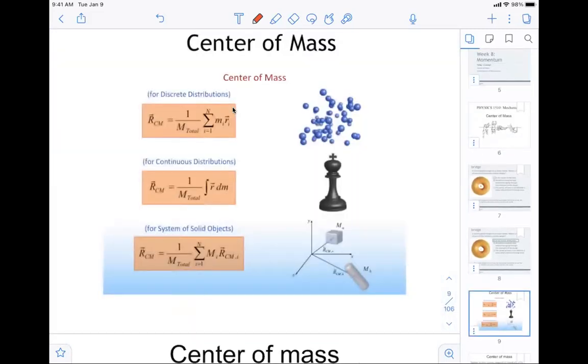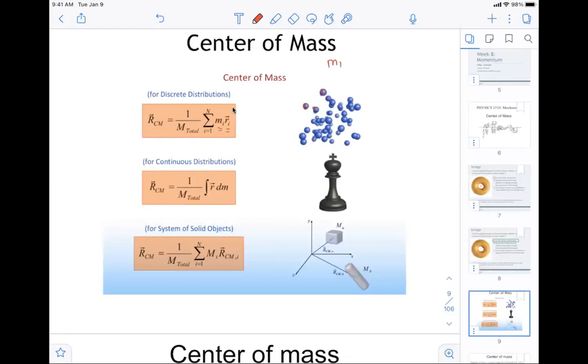To calculate the coordinates of the center of the mass, we have some equations to use. If you have a lot of different particles or different points, where we talk about the particle model, the shape and the size of the object doesn't matter as much. You can view it as a point. If you have a bunch of those different points, how do you find the average position of the masses? Well, each of the masses has a different position.